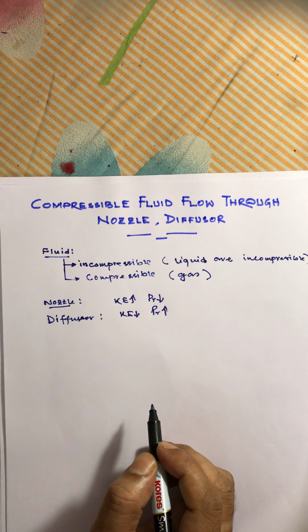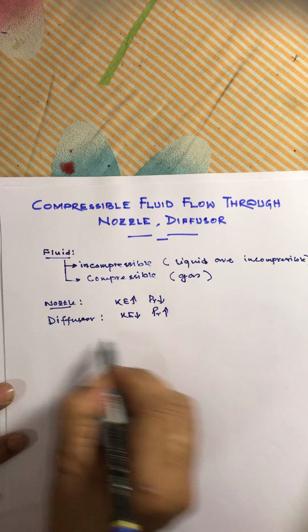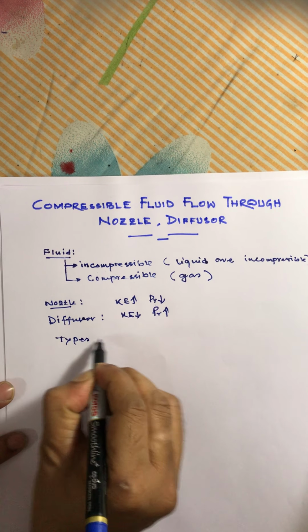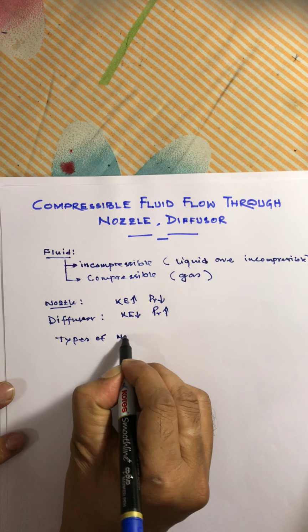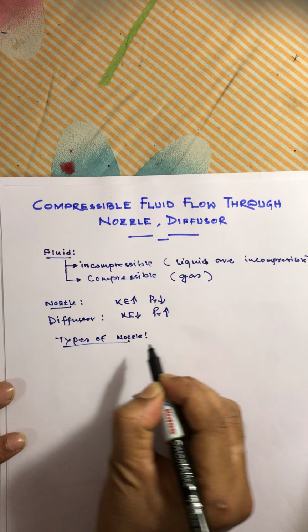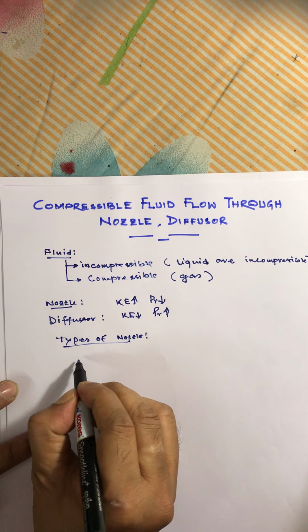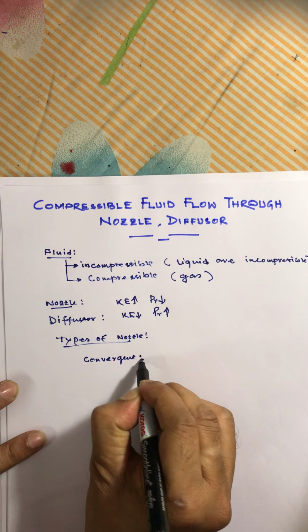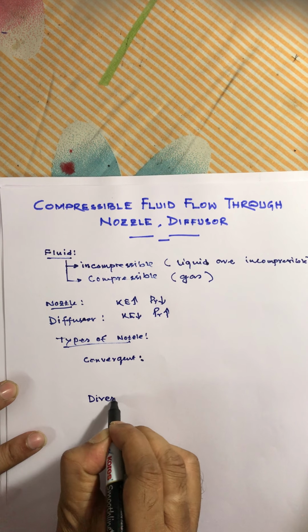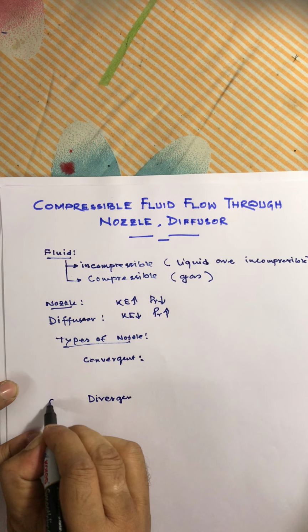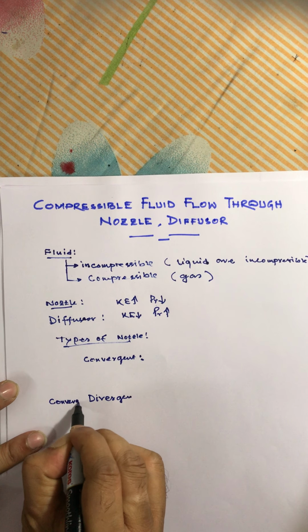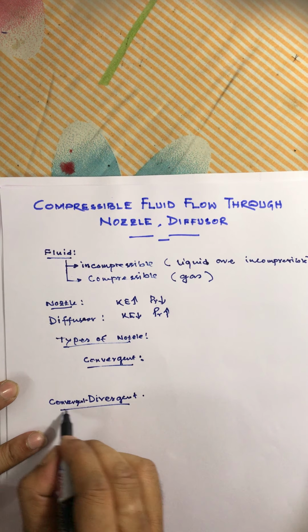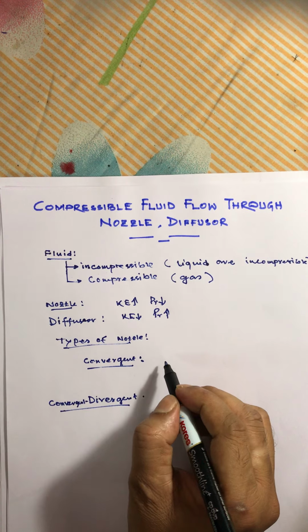Now, types of nozzle. Two types of nozzle, convergent nozzle and convergent-divergent nozzle.